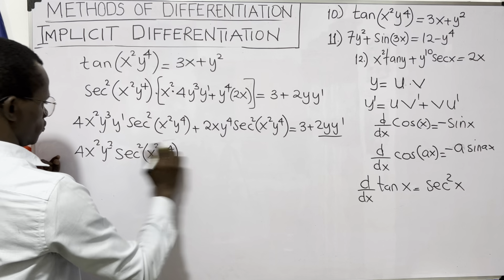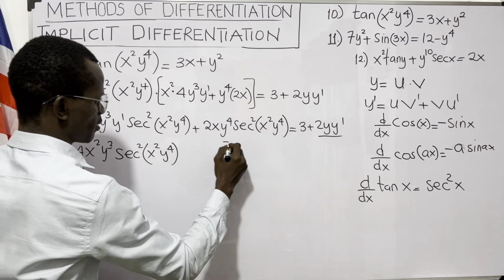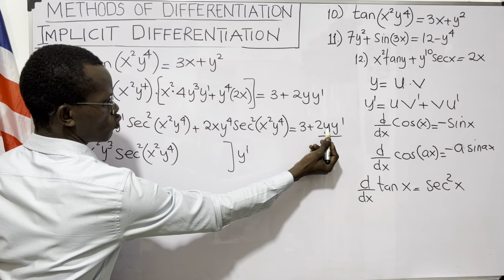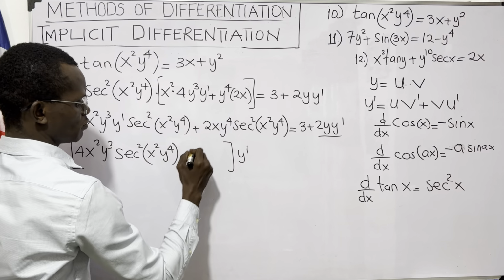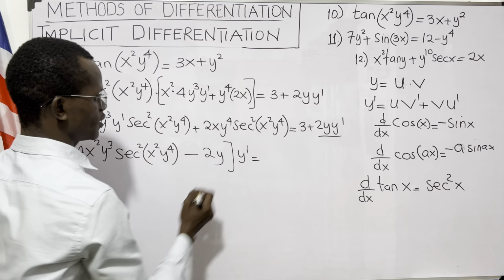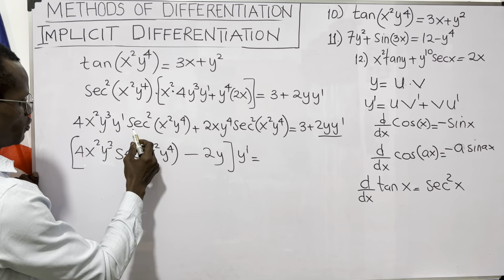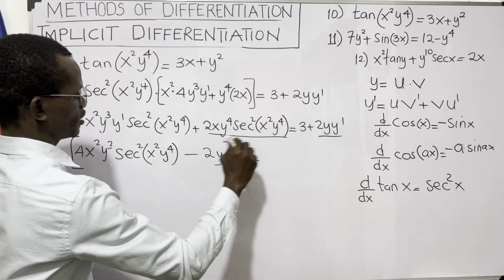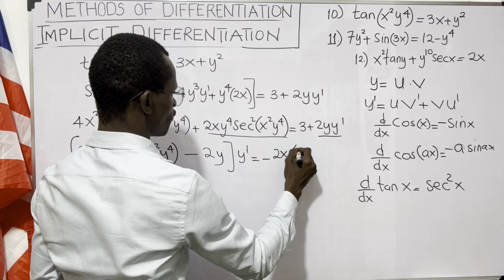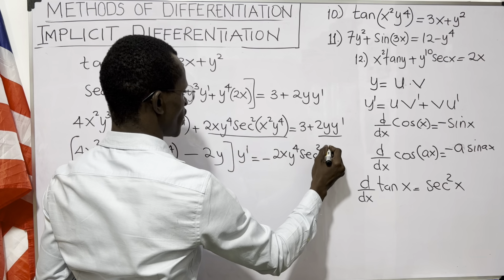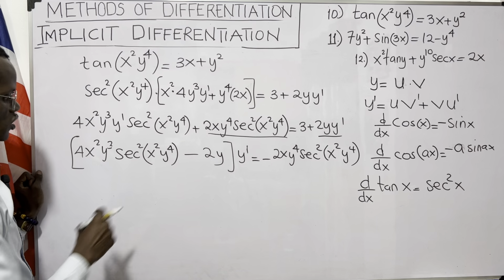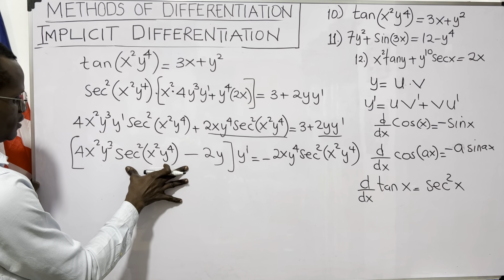We take this y prime from there outside, and then this 2y y prime, we send it across, it becomes negative, so we are just left with 2y. All equals, every other term we must send on the right hand side. So this is the only term here. We send it on the right hand side, it becomes minus 2x y to the fourth secant squared x squared y to the fourth. So we must divide both sides now by this expression.